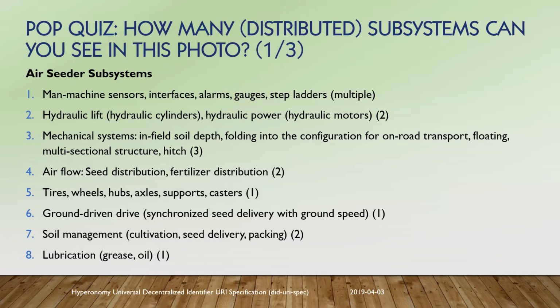It has a floating architecture or mechanical design so that if the field is uneven, this 40-foot wide implement continues to, for example, deposit seed at a uniform depth below the surface, even on irregular ground.